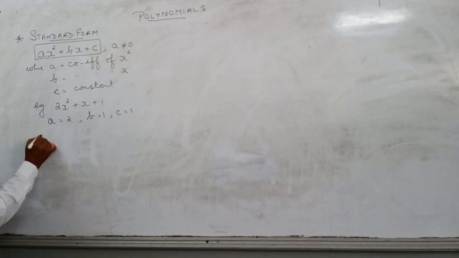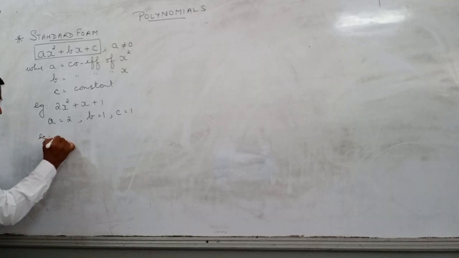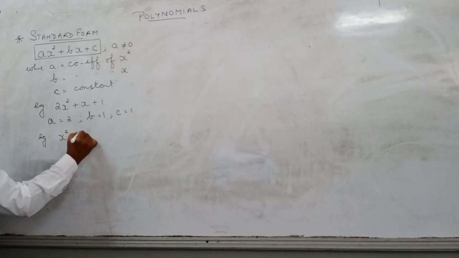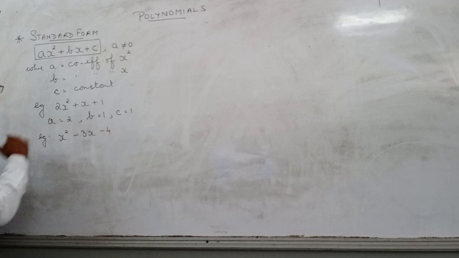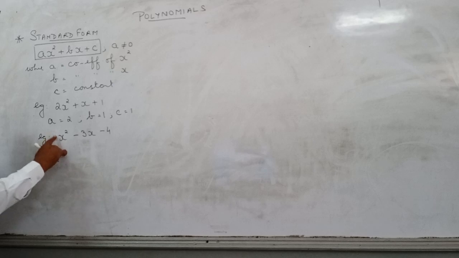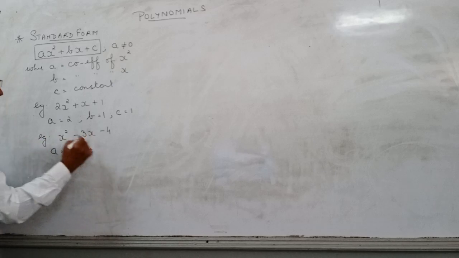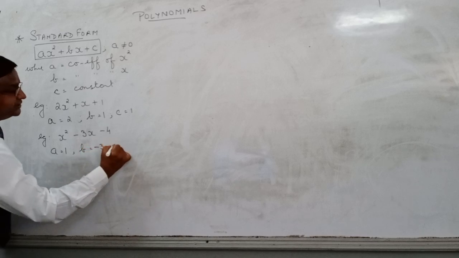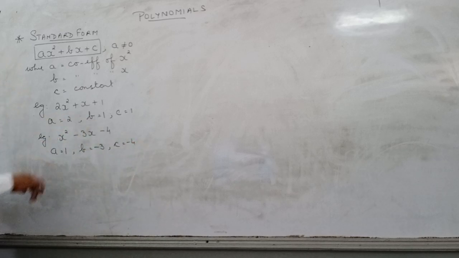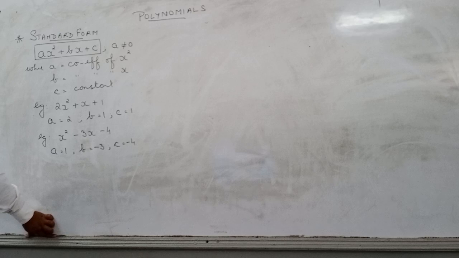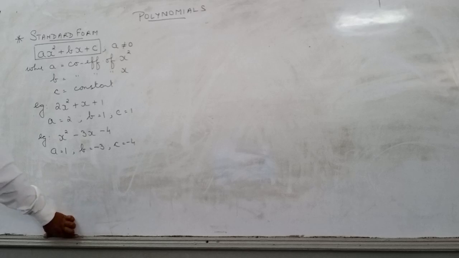If I talk about another polynomial, say x square minus 3x minus 4, here a is the coefficient of x square, nothing is there, so it is 1. b, the coefficient of x, is minus 3, and the constant is minus 4. This is what you have done in class 9 also. Here also we are going to discuss these forms.